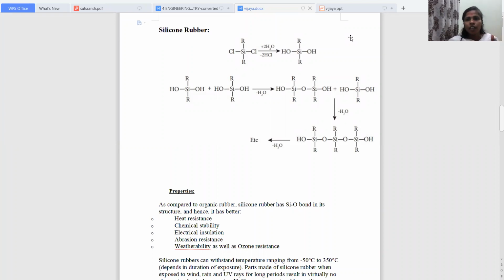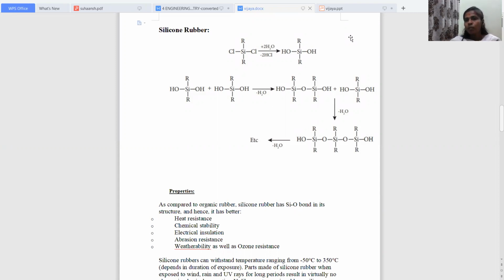In the previous session, we have seen two of the rubbers, that is Buna S and the butyl rubber. Let us recall how the Buna S rubber is synthesized. Buna S rubber is synthesized by the copolymerization of 1,3-butadiene and styrene in the presence of sodium catalyst.